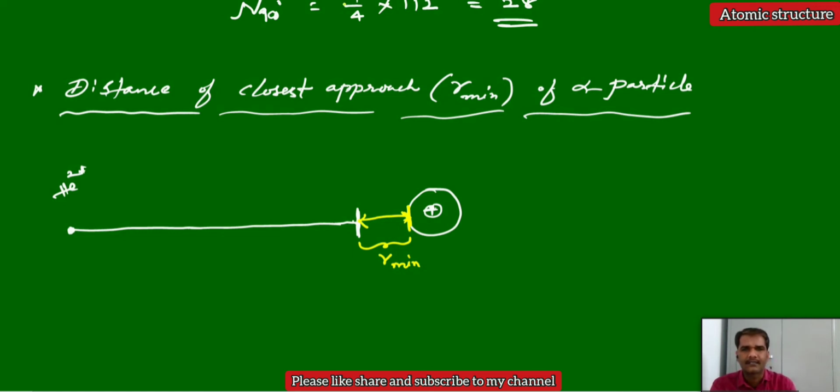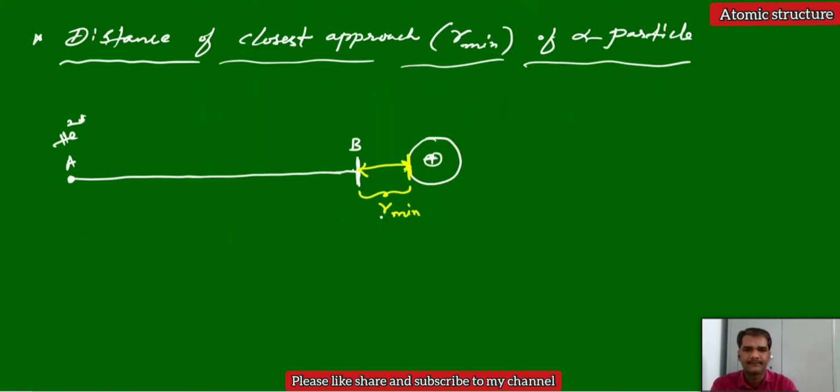So here, what will we assume? Let us assume this is point A. Somewhere, at some point A, the alpha particle is ejected, and it will reach some final point B. This distance is R minimum, which we have to calculate. Now see, here we assume that point A is at infinite distance, because we don't know exactly.